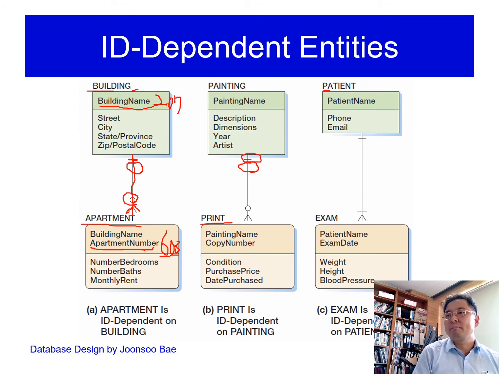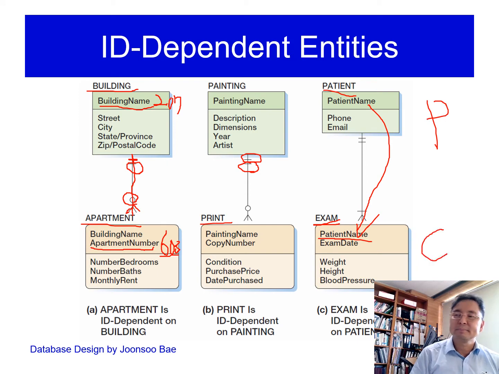How about patient and exam? There may be an examination number there. In order to identify the examination number, we need a patient name here. So they include the identifier of a parent. The upper one is the parent, the lower one is the child.